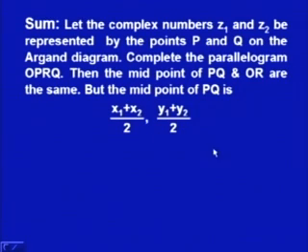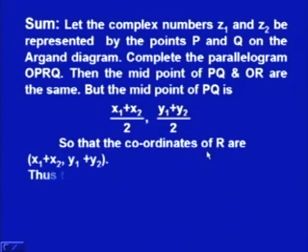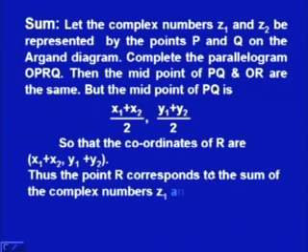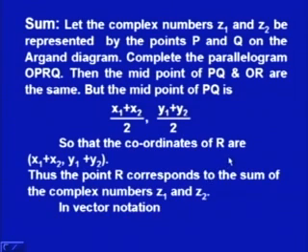These are the coordinates of the midpoint M. Therefore, because M is the midpoint and R is the point on the other extremity, the coordinates of the point R are x1 plus x2 and y1 plus y2.